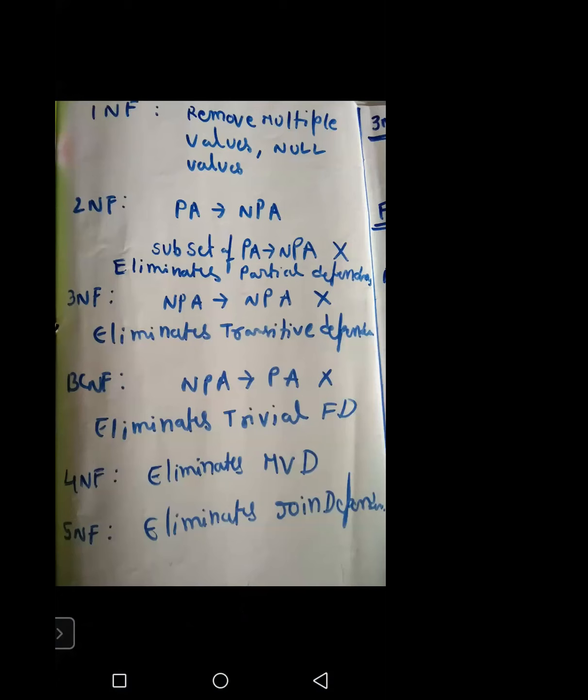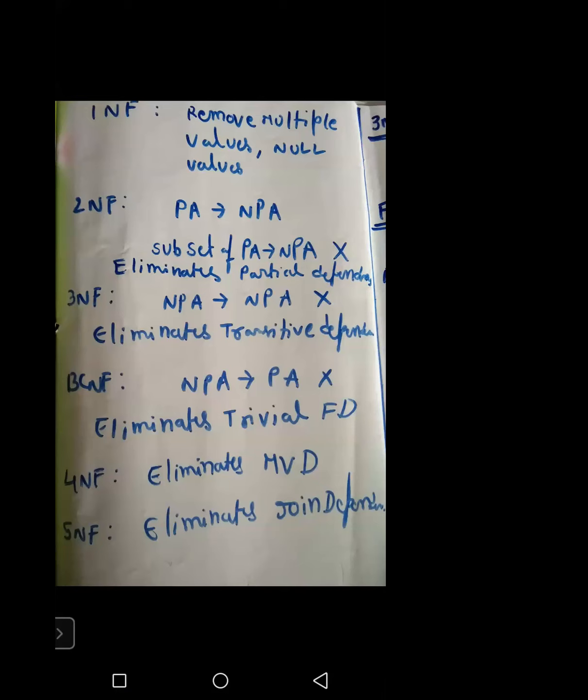For example, consider a student table: student number, student name, student address, student city, student state, and student pin code. Student number is the primary key. Then the remaining attributes will be treated as non-prime attributes. But the problem is that by using the pin code, we are able to identify the district, the state, the city, and the address also.